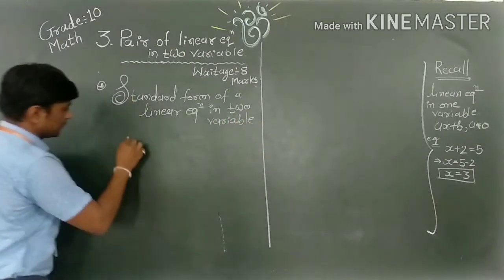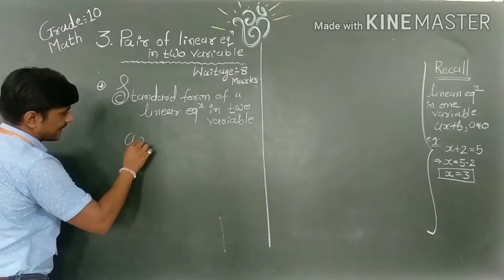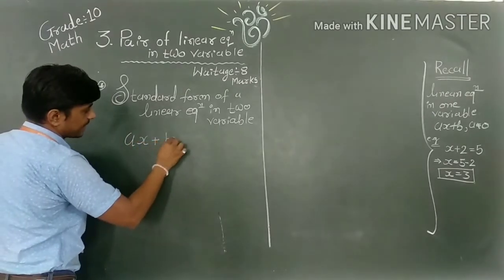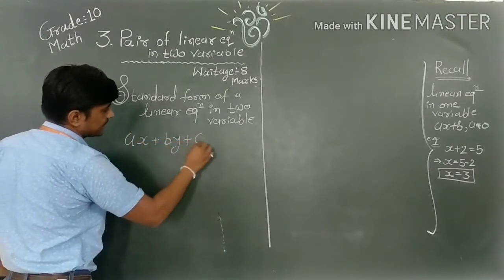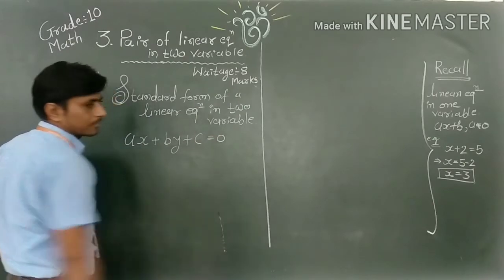Okay, what is the standard form? ax plus by plus c is equal to 0.